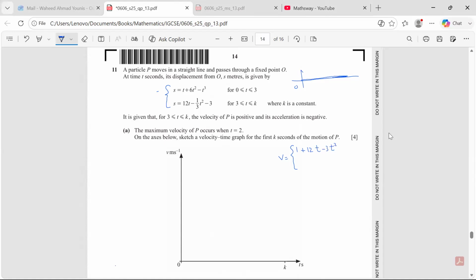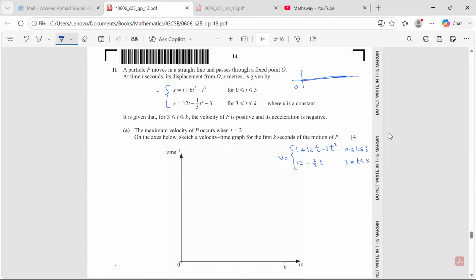This is the velocity when t is between 0 and 3 seconds. And later on, it is 12 minus 2/3 t. This is when time is more than 3 seconds and less than some k seconds.